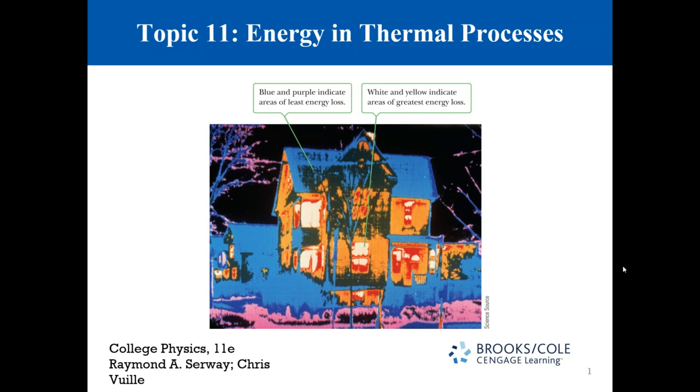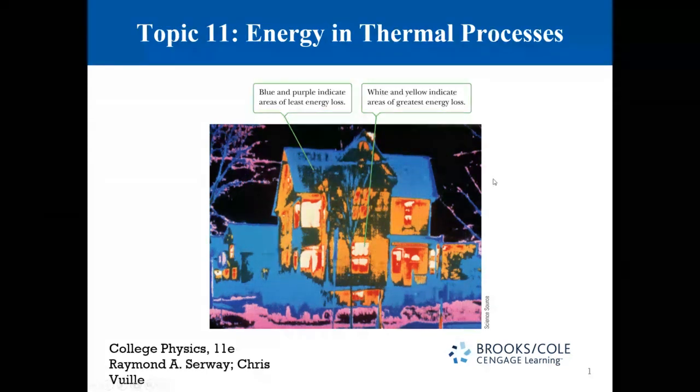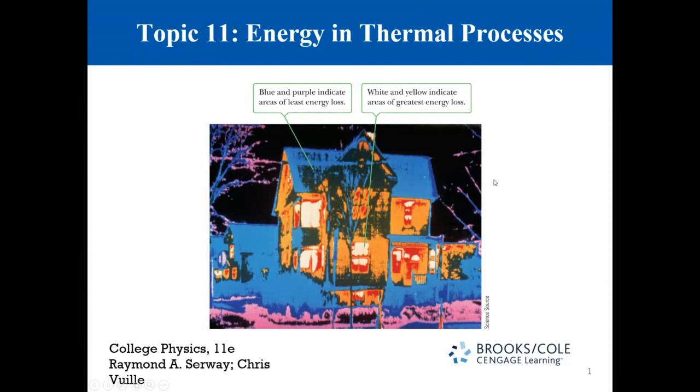So the type of heat energy emitted depends on the thickness and the properties of the part of the house. In this chapter, we will learn all about thermal processes and what kind of physics and laws are there.